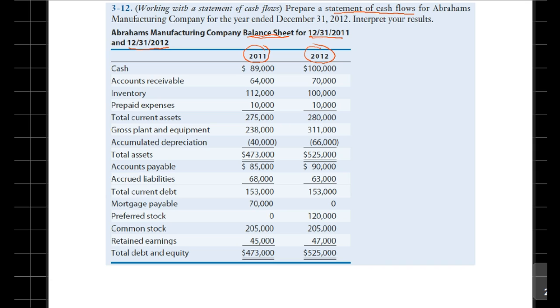Our total current assets is in the amount of $280,000, whereas non-interest bearing current liabilities would be basically the accounts payable and the accrued liabilities. Because there are no short-term notes, we don't have to worry about other interest-bearing accounts. There's none, so this number, the $153,000, will give us the number we need. So 280 minus $153,000.